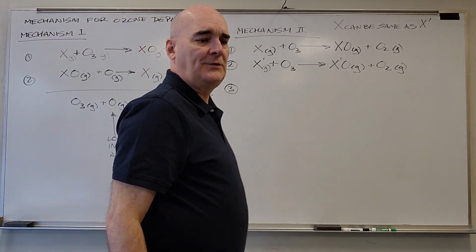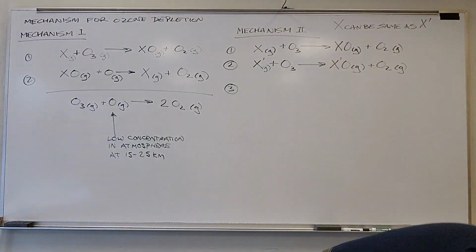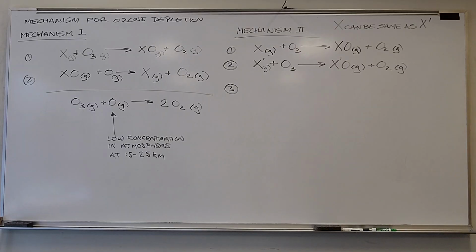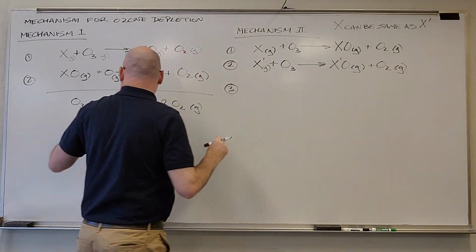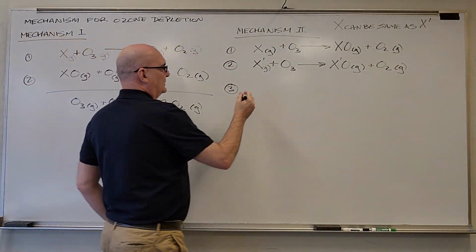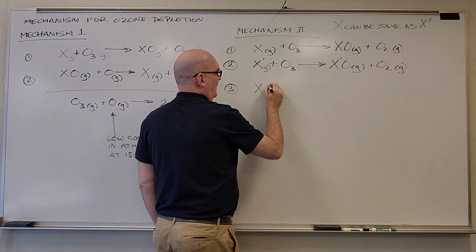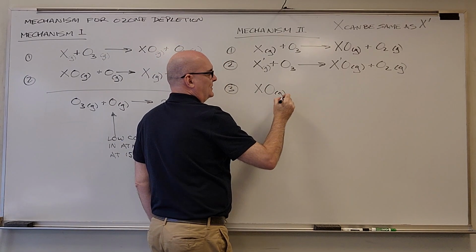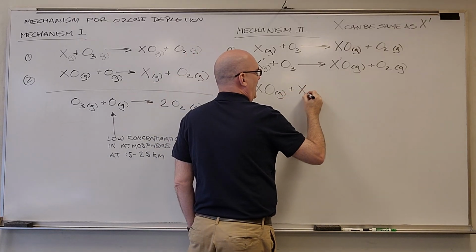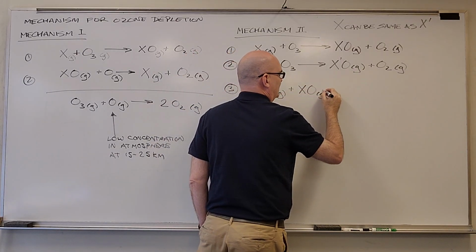Okay, and then we get line 3. And line 3 makes up for the fact that I don't need this guy anymore. So I'm going to take my oxide, XO, and my other oxide.